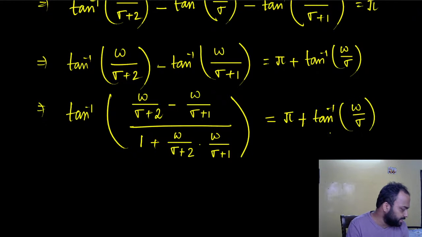I'm leaving it as it is for the moment, but you have to understand that we're going to use this idea. I could have simplified this further very easily at this point, but I'm not going to do that.